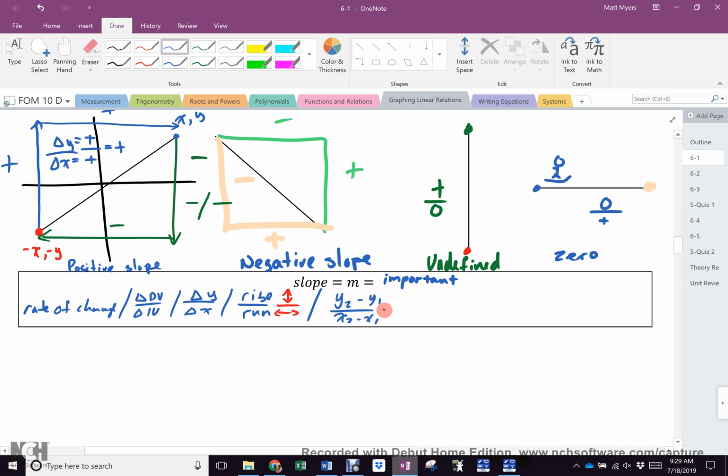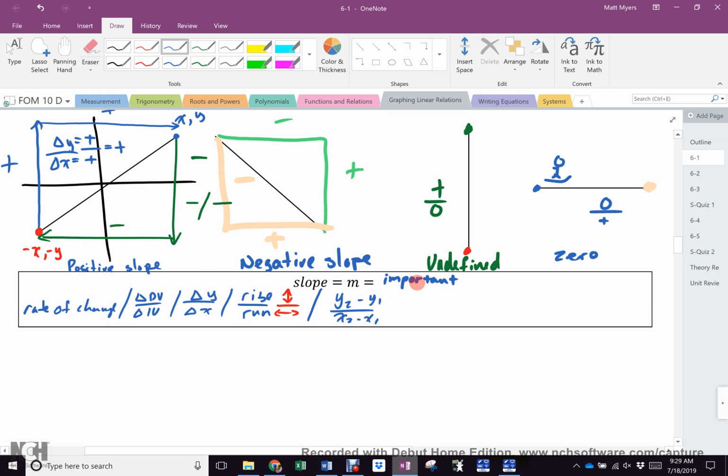So this would be the difference of y's, right? Isn't the difference in y's the same as the change in y's? Because if y is changed, they must be different, right? So that's why this one works. And we're going to talk about all of these interchangeably through this whole unit, because slope is all those things.